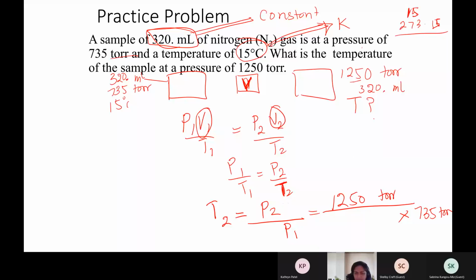So it's 288 Kelvin, right? Torr and torr cancel out and you will get the answer in Kelvin. Questions?